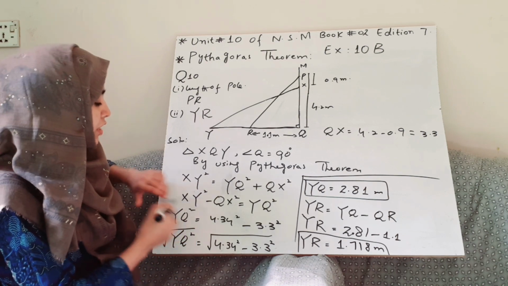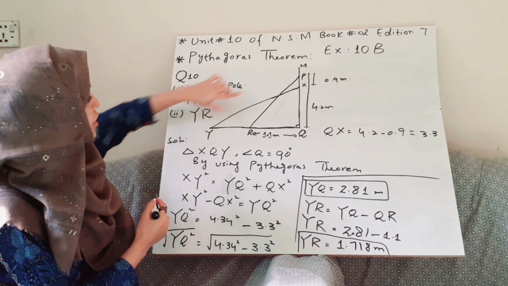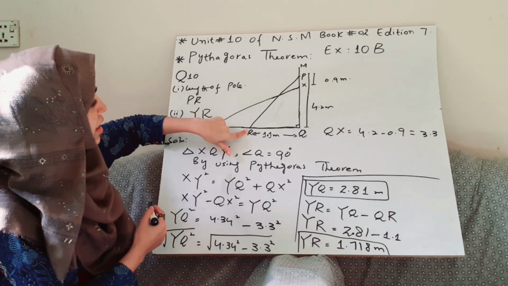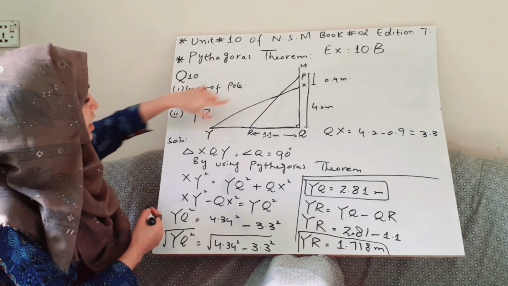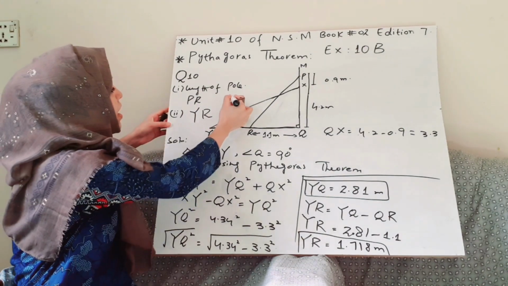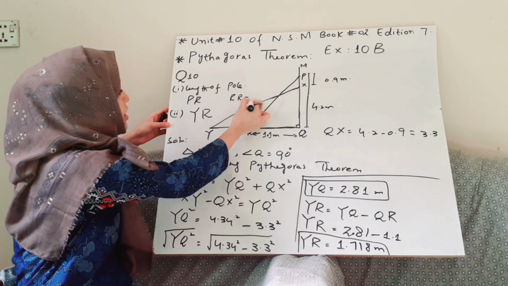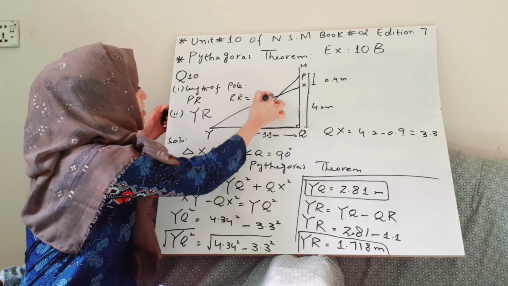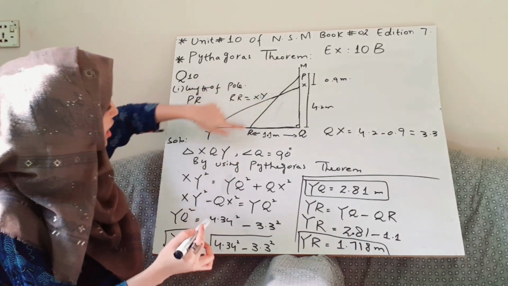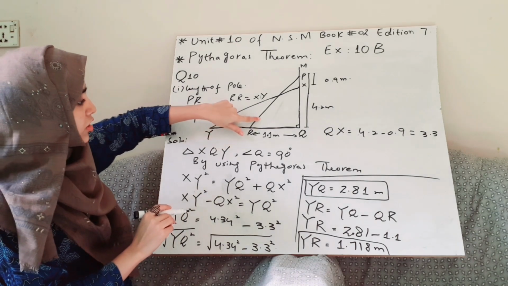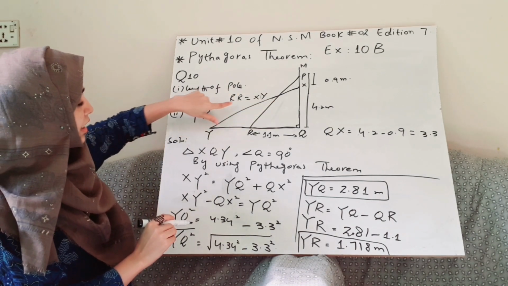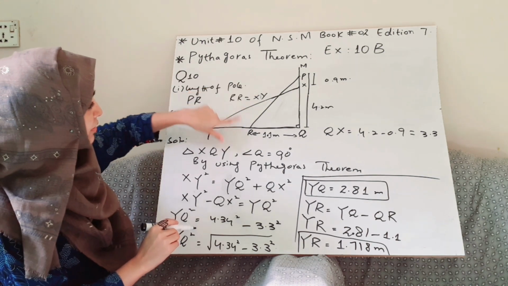what do we have to find out in this? We know XY: we found PR in the previous part, which is also the hypotenuse, and XY is also the hypotenuse. So the length of PR equals XY.